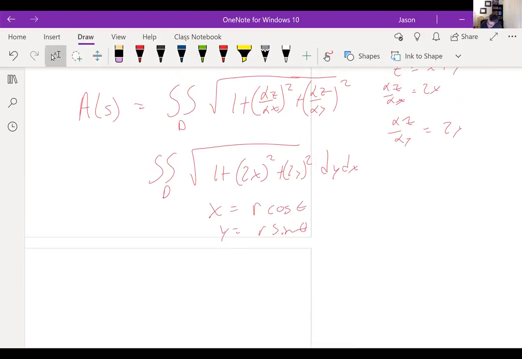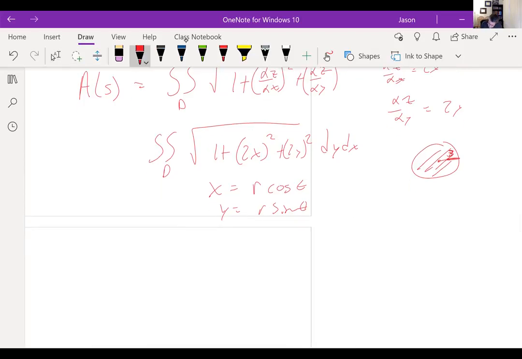What's our domain? Our domain is this circle of radius 3. So this is going to be the integral of the square root of 1 plus (2r cosine theta) squared plus (2r sine theta) squared.